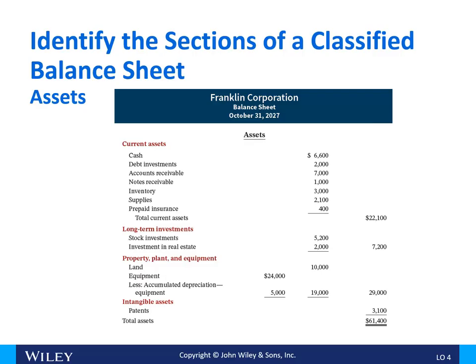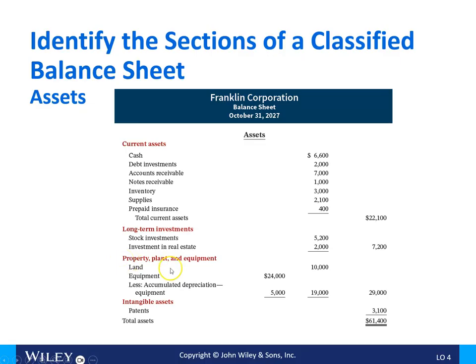Here's an example of a balance sheet where we have our current assets. We have a title that says current assets. We list the current assets. Then we have a total for that section, total current assets. Another title, long-term investments. We list what those are, and we have a total, even though this doesn't show a total.